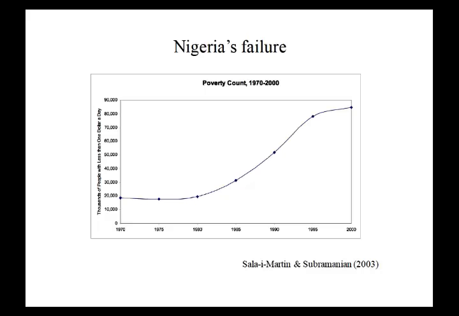Yes, Giovanni? Because of a high fertility rate. Yeah, exactly. Much higher fertility rate. During these periods, the fertility rate in sub-Saharan African countries were around 5 or 4, while in other countries was about 3 or 2.